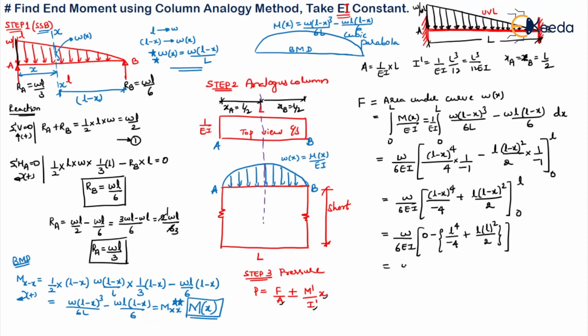So what will happen? W by 6EI into, on simplification you will get L^4 by 4, right? And here what will you get? Minus L cube by 2.